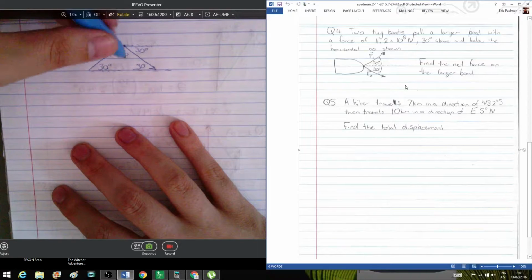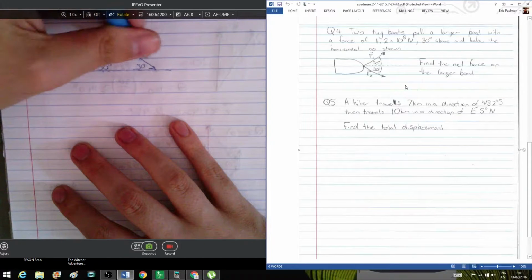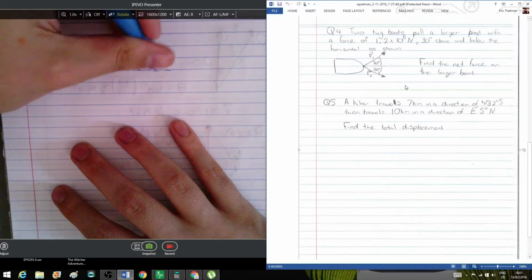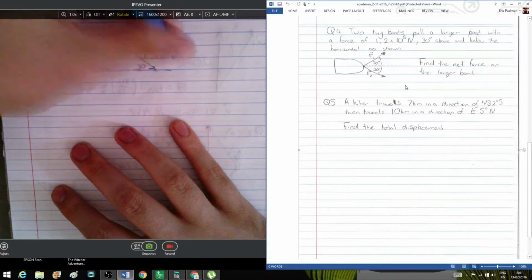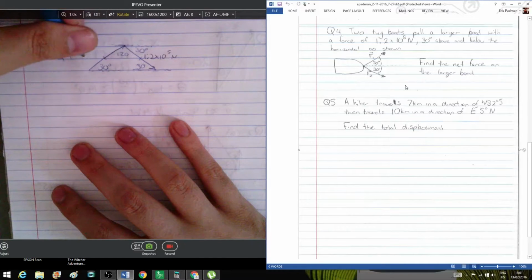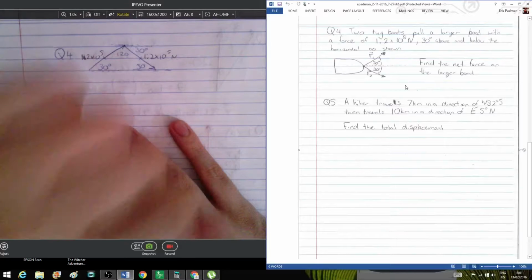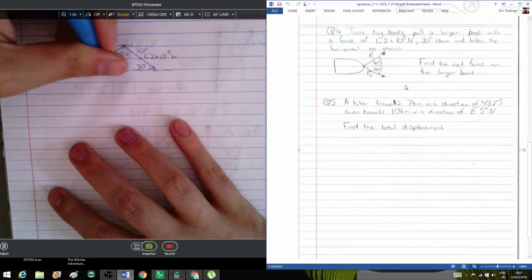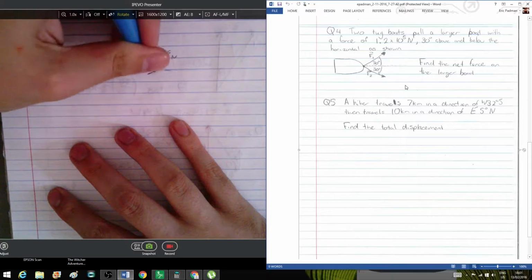Then we've got our measurements of 1.2 times 10 to the 5 newtons, and it's another isosceles essentially. And the resultant vector going across to the right.